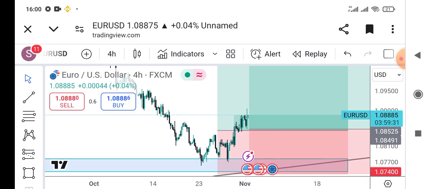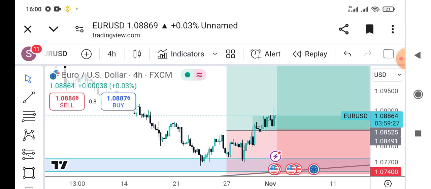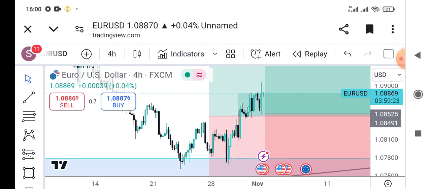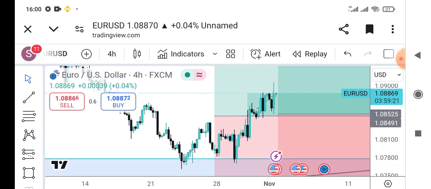But when you look at this region, you are able to tell that the price was rejected at this lower section.